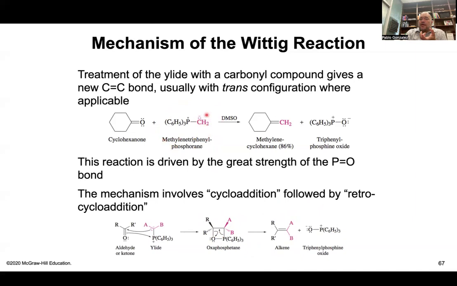Anything that you have here as an alkyl group, the oxygen is going to leave, creating then the alkene as a product, okay? Whatever comes with the aldehyde or the ketone is going to be this side of the alkene, and whatever comes from the phosphine is going to be this part of the alkene.